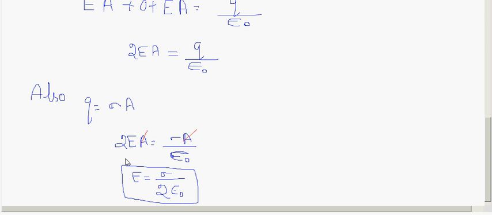So the direction of E is normal to plane sheet and directed away from the sheet when the charge is positive, and towards it if it is negatively charged. So we can write here the direction.